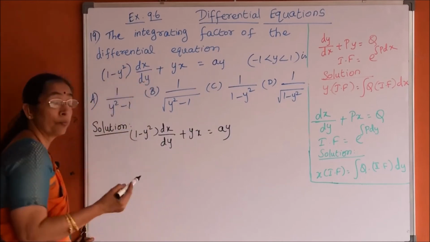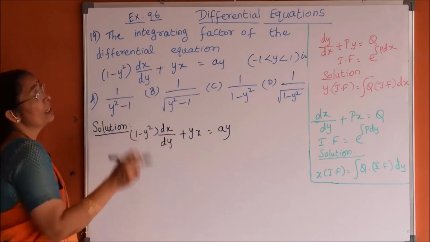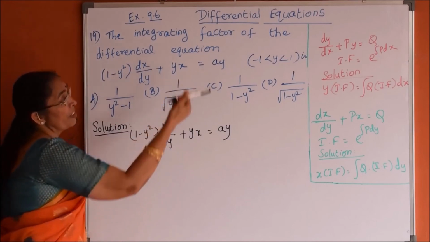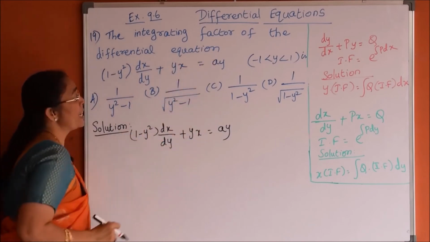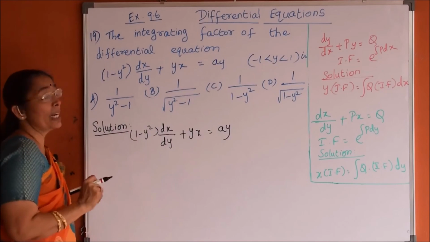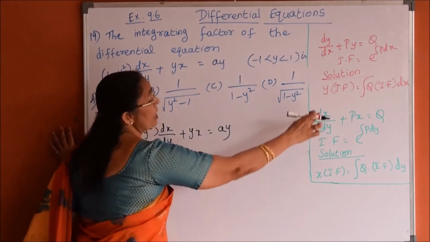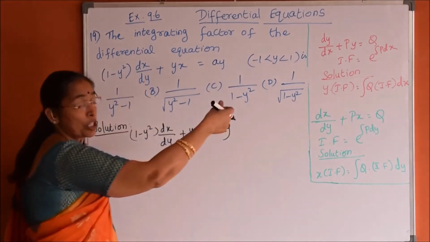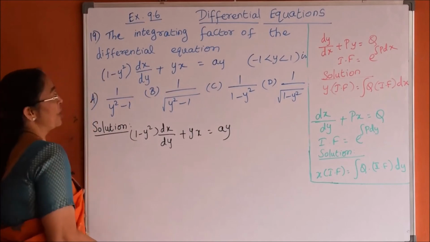Now listen, let us try to bring the differential equation into the linear differential equation form. We will check whether we can bring it to the first form or second form. Since dx by dy is given, let me try to bring it into the second form. In the second form it should be dx by dy plus p, which should be a function of y, into x is equal to q, which should again be a function of y.